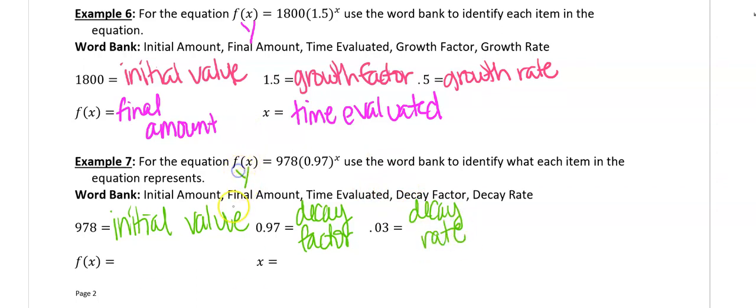F of x again is our y value, which is our final amount or total or value, whatever we're using. And x again is our time that we're evaluating that function for.